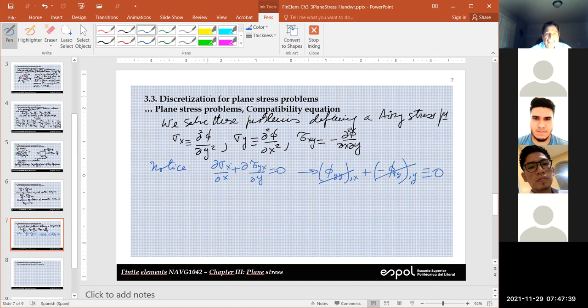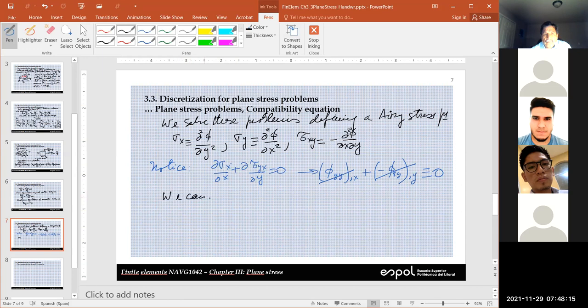So if we take the definition for the Airy stress function like this, identically we satisfy equilibrium. And you can check that this is equal for the other relationship, for summation of forces in y direction. Okay, so this is typical. When we take these definitions, in general, we can consider that the equilibrium equations are satisfied.